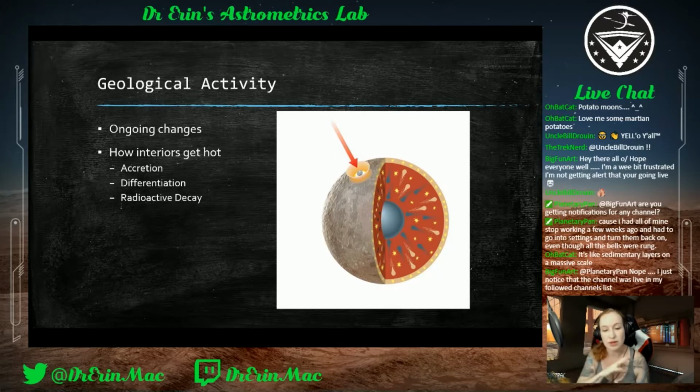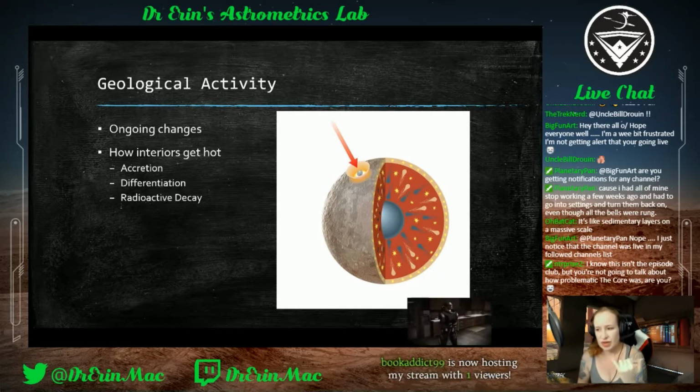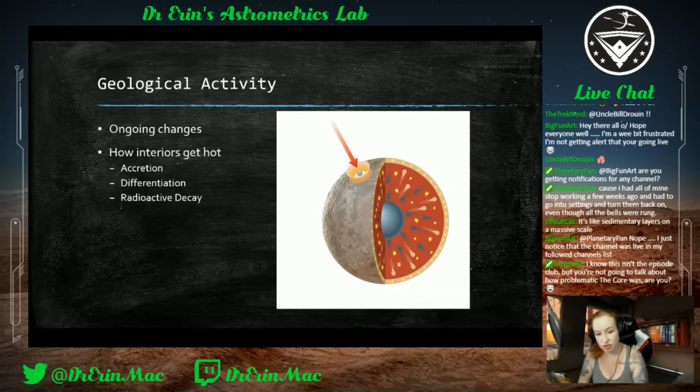So typically a lake or an ocean, the rock layers will settle down, then geological processes happen, more rocks are introduced, and they layer down again. And so you get these layers of rock as you go, and that's how you get sedimentary rock. We're going to talk about that a little bit here as well. But the ongoing changes inside of a planet, including accretion, differentiation, and radioactive decay, all contribute to a hot interior on a planet.